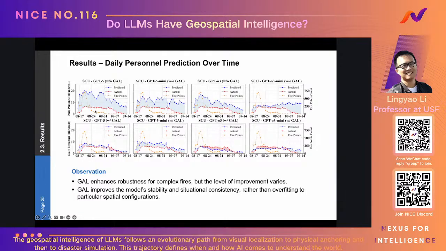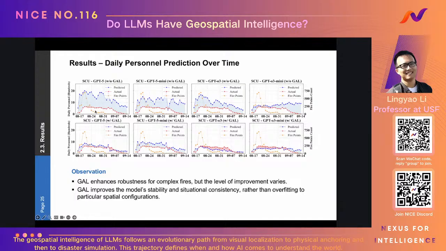I think that's a really great question, because I want to go back to the title of the presentation: do large language models really have geospatial intelligence? I feel it could go both ways. Although large language models have shown some potential, in other cases they also show a lot of limitations and biases. One challenge, as you mentioned, is the training data. As we observed in the first project, for some places the accuracy is quite low.